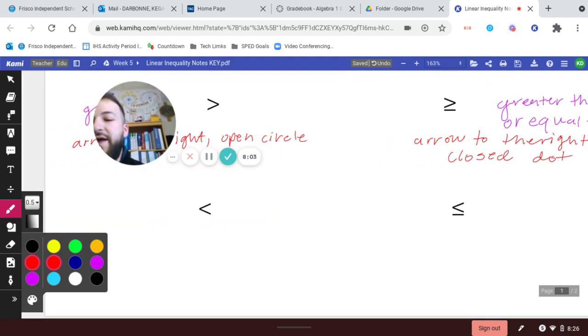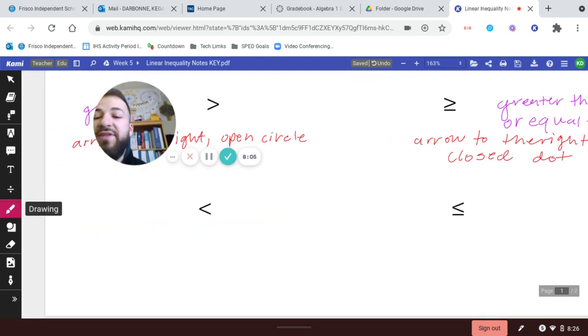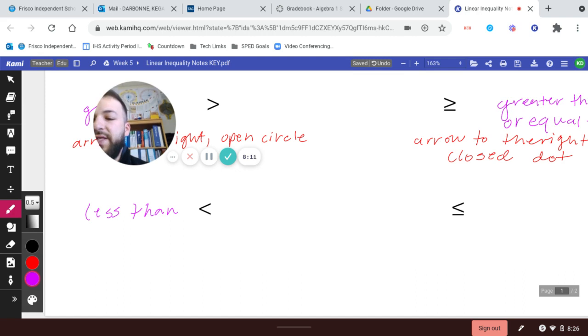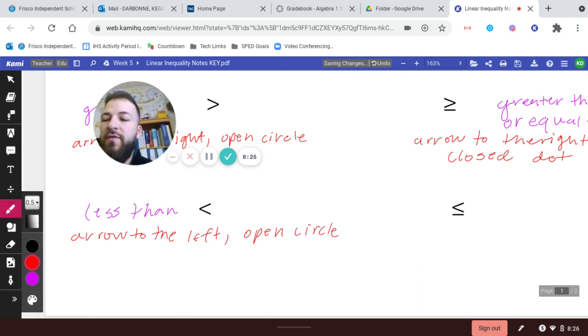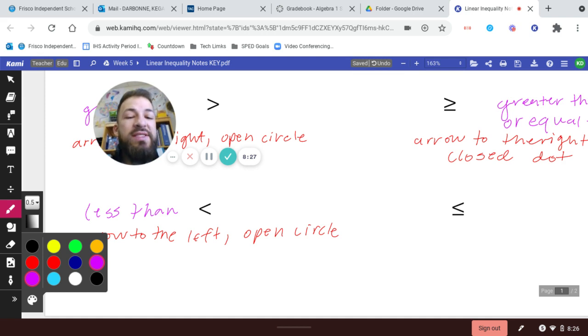And then down after that one, to the left is less than, left less than. And this is arrow to the left. But then once again, open circle, because we are not equal to. And then over on the bottom right corner, this is less than or equal to, because we had that little line.